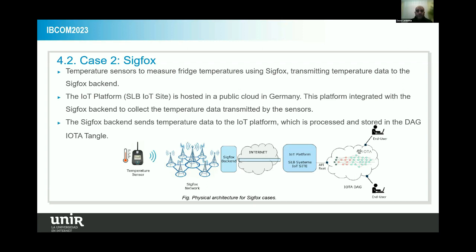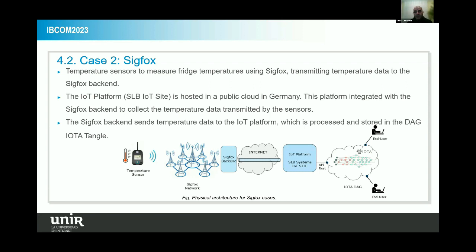The goal was to ensure real-time monitoring and recording of temperature data to address the critical need for maintaining the cold chain integrity. And Sigfox connectivity technology provides a low power wide area network solution for transmitting small amounts of data over long distances.